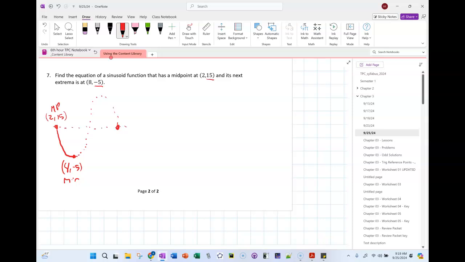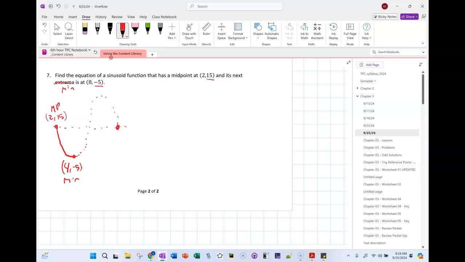I just want to have something to look at to help me figure out how I'm going to find these other parts. So the next thing I'll do is decide whether I want to do a sine graph or a cosine graph. Here I'm given a midpoint and a minimum, right? So I could write a sine function or a cosine function. I have good information to do both.